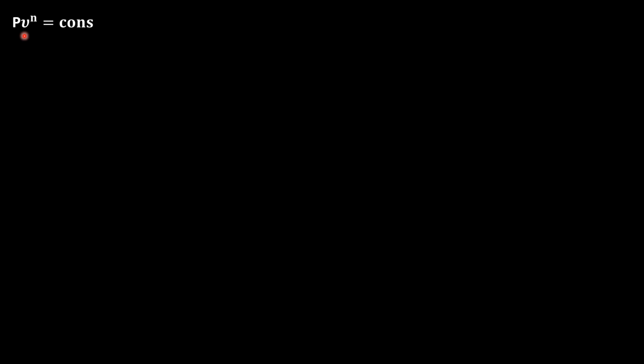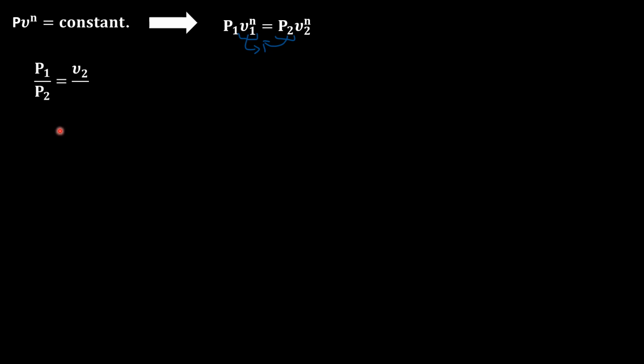So here we know that pressure times the specific volume to the power n equals a constant. That tells us that P1 V1 to the power n equals P2 V2 to the power n. Here we will move the pressure to one side and the specific volume to the other side.